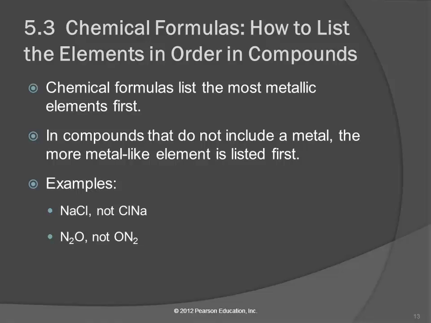So we say NaCl, not ClNa. Because this would be like baby talk. And yeah, we'd understand what you meant, but it's a really weird way to say that. Over here would be N2O and not ON2. Nitrogen is closer to the metals than oxygen is.